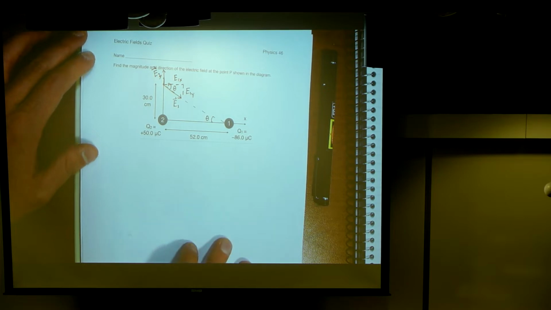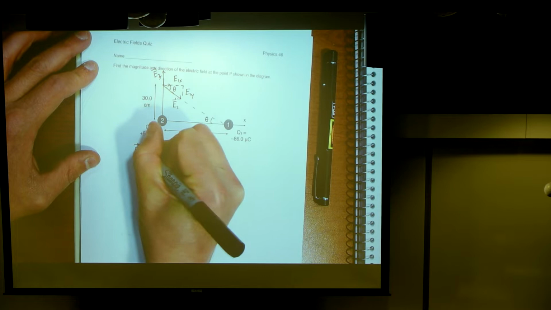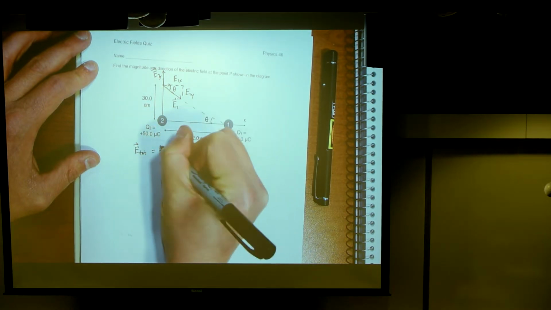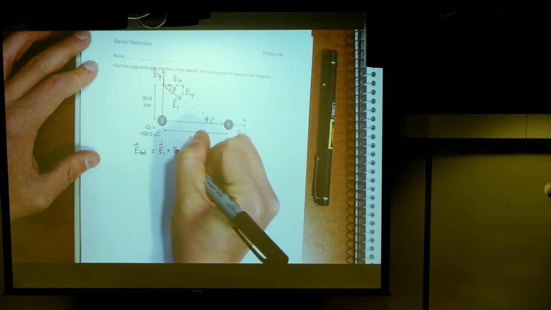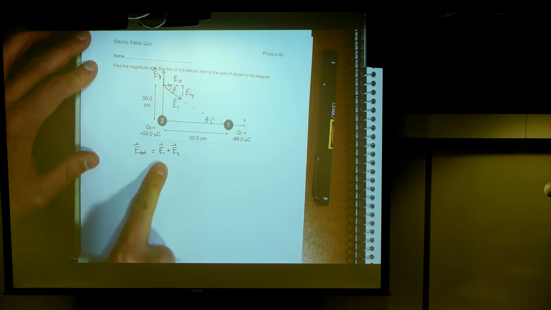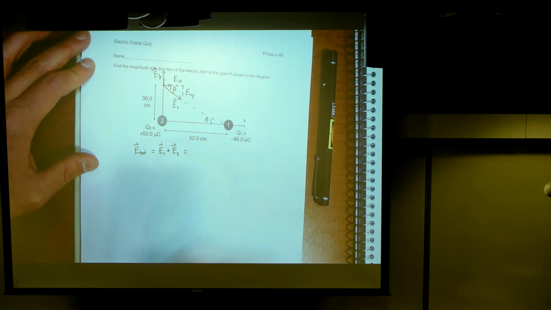All right, so let's write down some equations then. The total electric field, which I'll call E total, is equal to E1 plus E2, which are both vectors. And what we're going to do next is write each one of these vectors in XY component form. So for E1, how would I do that?